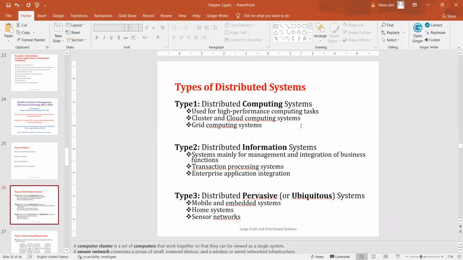Based on size or functionality, we may categorize distributed systems into various types.